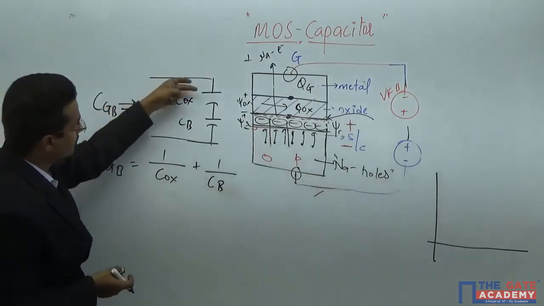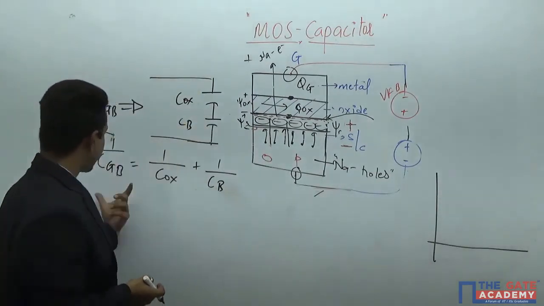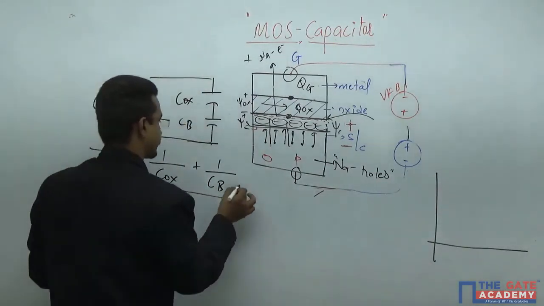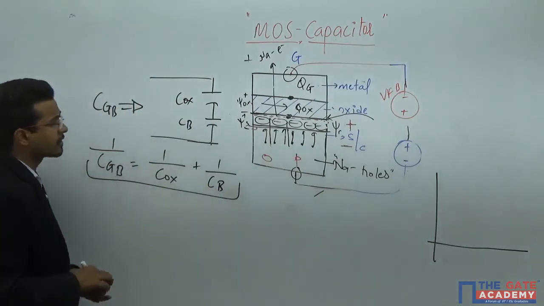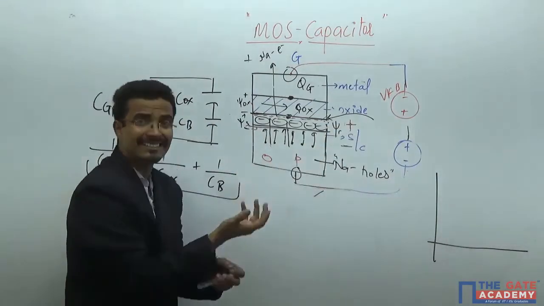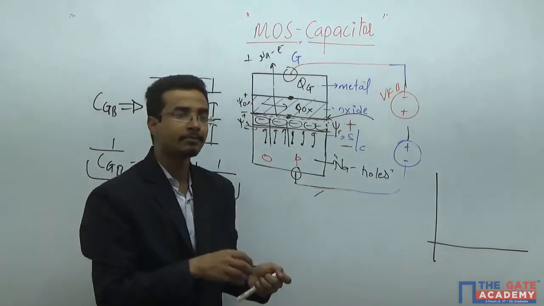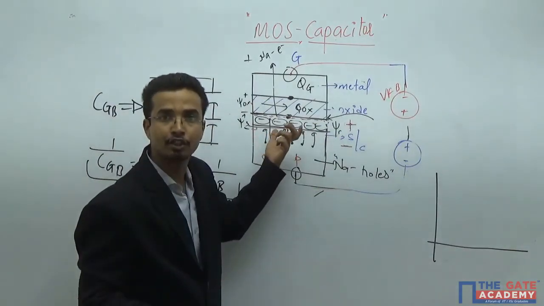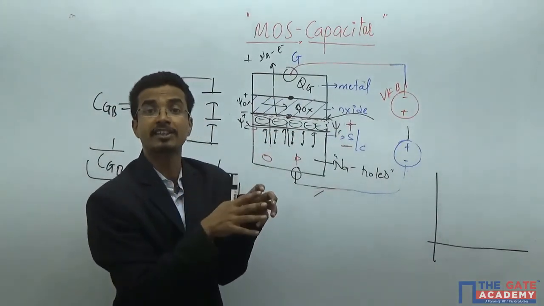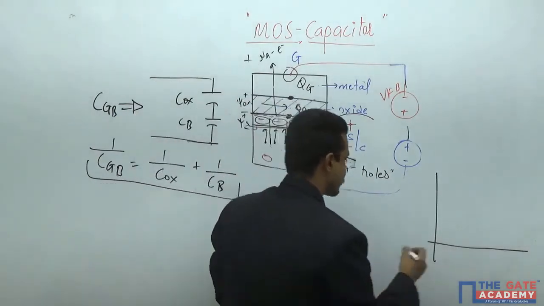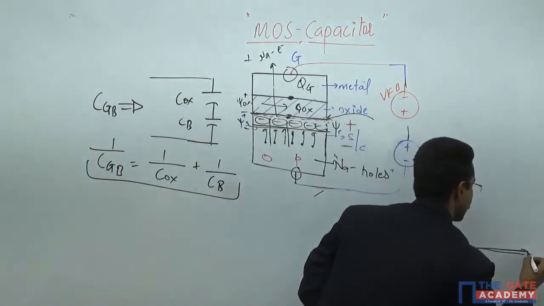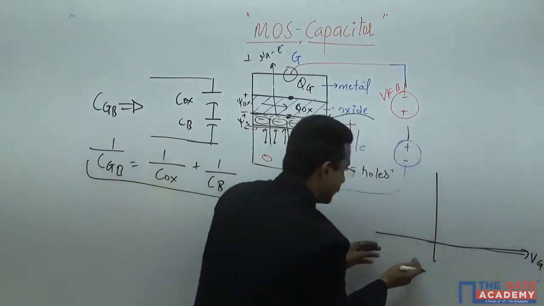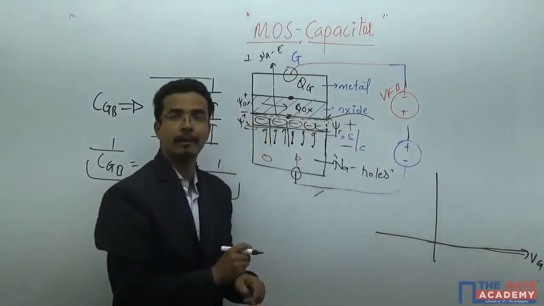That means, if the capacitances are in series, this is the relation of the series capacitances. If this VG is equal to 0 or less than 0, all the time either you will not get any charge here or you will get the holes, accumulation regions. That means if this is a VGS, below this or at this, what will happen?